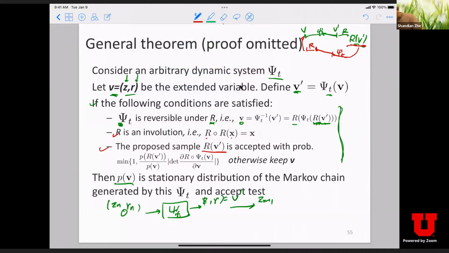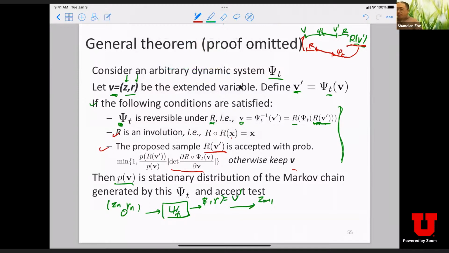Given this proposal RV prime, I accept it with probability minimum of 1 and the ratio of the probability P over RV prime and the previous sample V, multiplied by the determinant of the Jacobian of the proposal with respect to the sample V. If it is rejected, we just keep V as my sample.